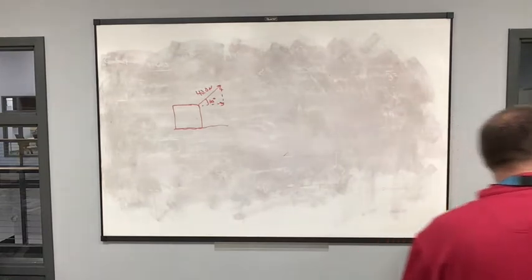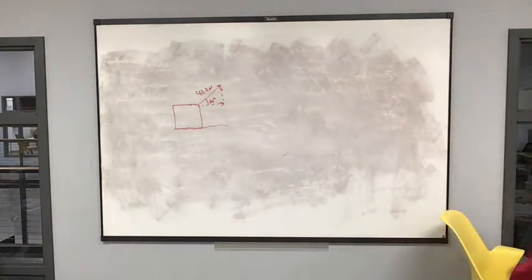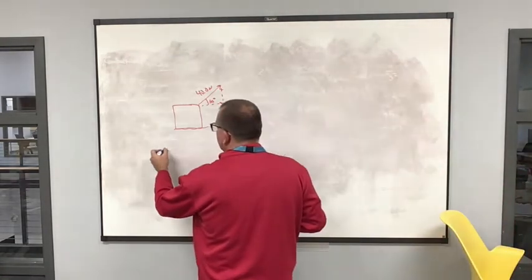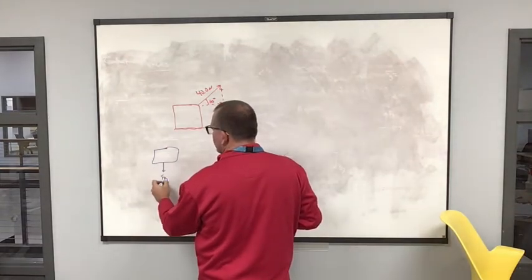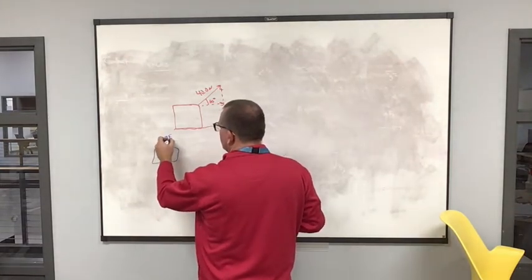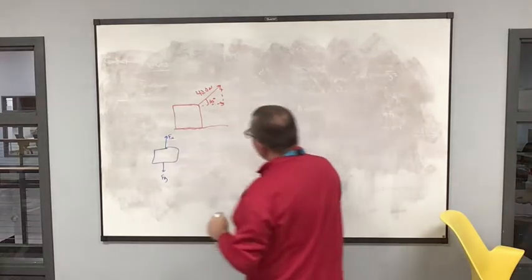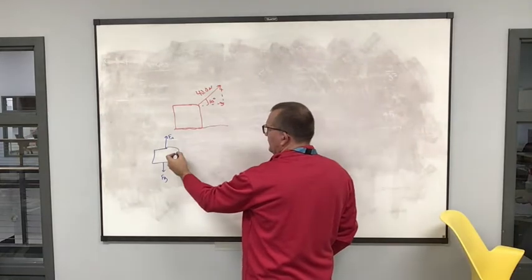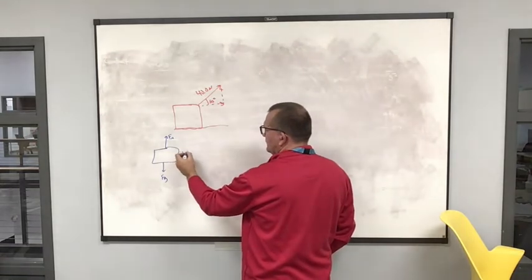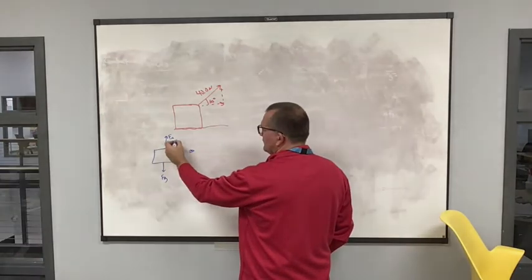So first thing I want to do is draw a free body diagram. So I have my box, right? And my box has gravity there, normal force that's pushing up, and then I have this applied force. Now this applied force is at an angle, but we're going to break it apart into x and y.